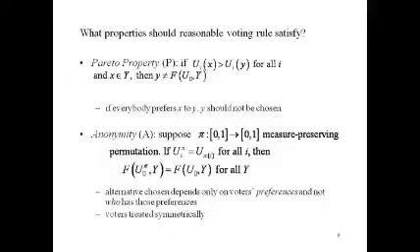But now we come to the crux of the matter. I said that the way that voting theorists proceed is axiomatically, so we have to say what it is that we want out of these voting rules. And here I'm going to look at absolutely standard axioms, that is, axioms which have a very long history.